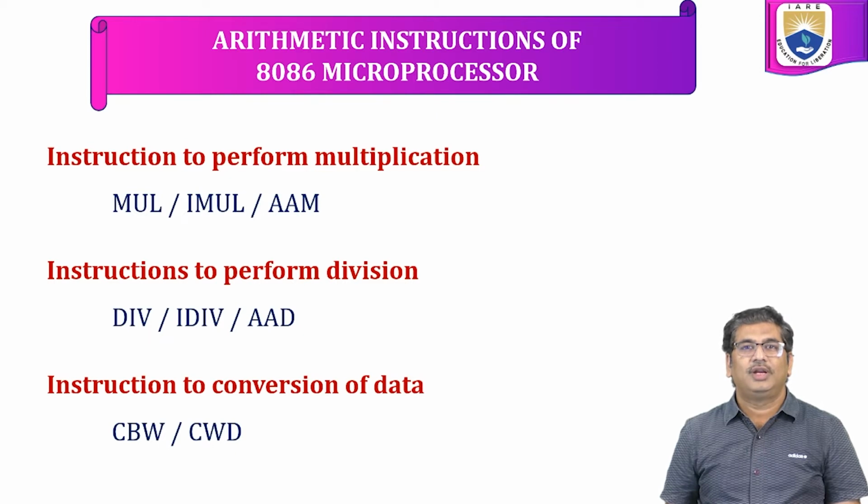Instructions to perform division are unsigned division DIV, signed division IDIV, ASCII Adjust before division AAD. The last category related to arithmetic operations are instructions for conversion of data: convert byte to word CBW, convert word to double word CWD.